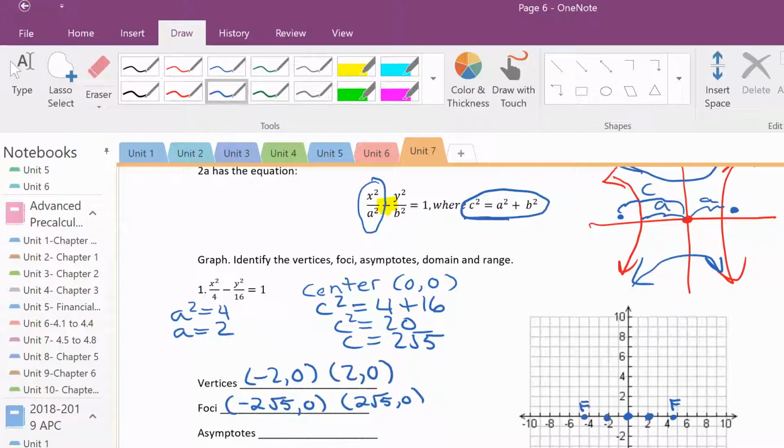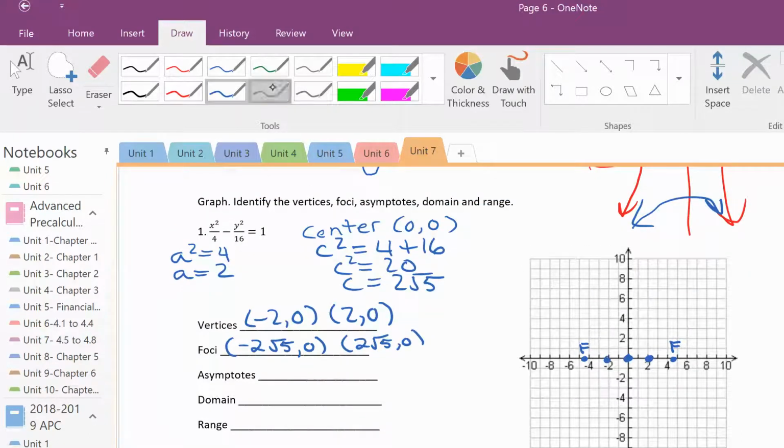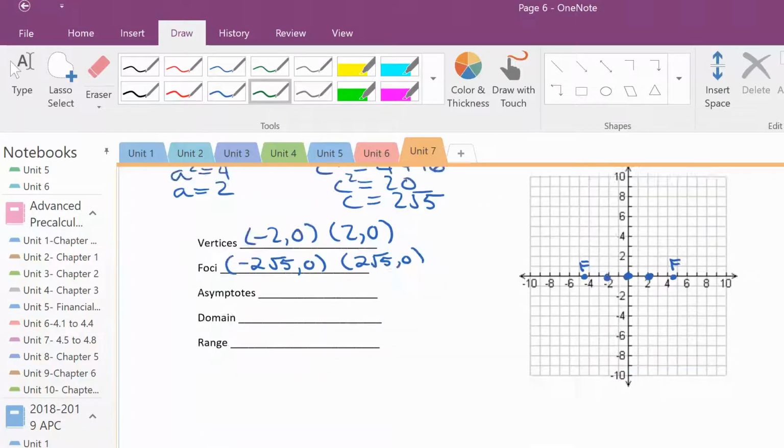And then to draw hyperbolas, you can draw asymptotes, and those are going to be guides for your hyperbola. And to find the equation of the asymptotes, you can do like the equation of a line. You can take the center and the slope.